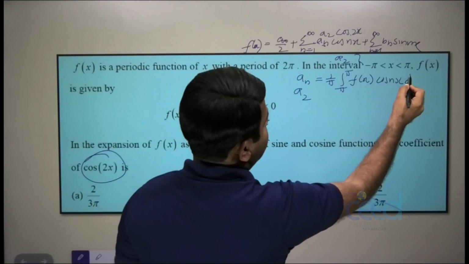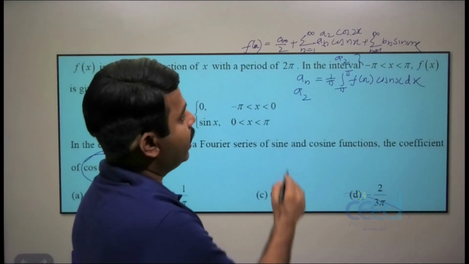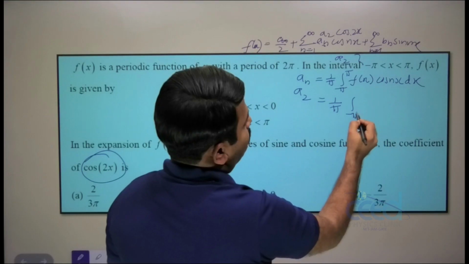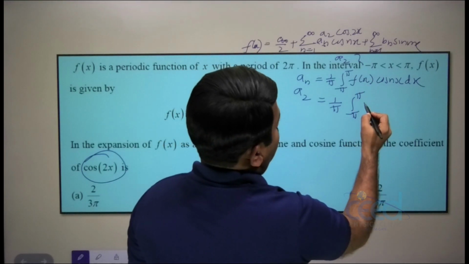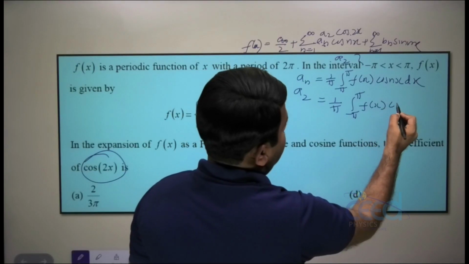Then a2 is equal to 1 by pi integral minus pi to pi f of x cos 2x dx.